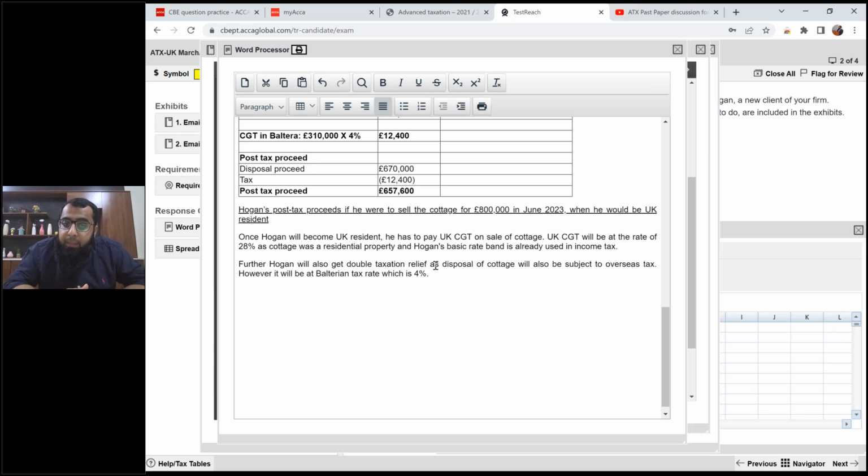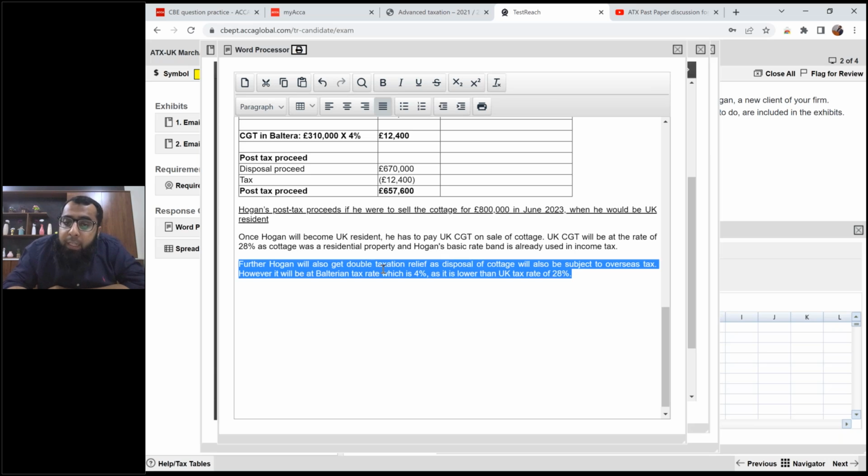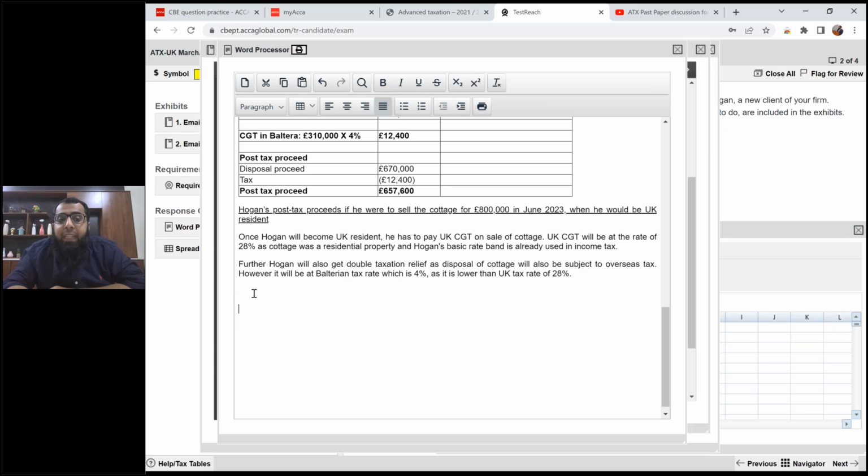You need to remember this, as it is lower than the UK tax rate of 28%. Now let's calculate the tax amount.